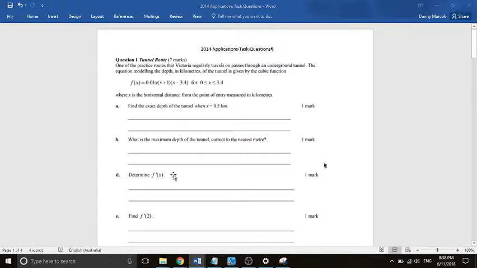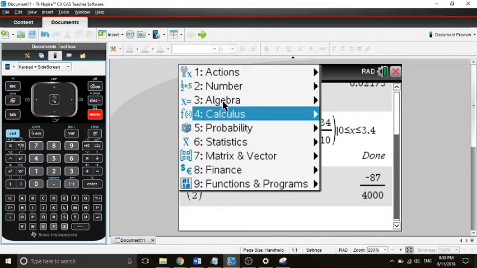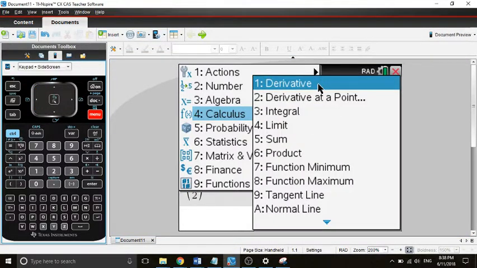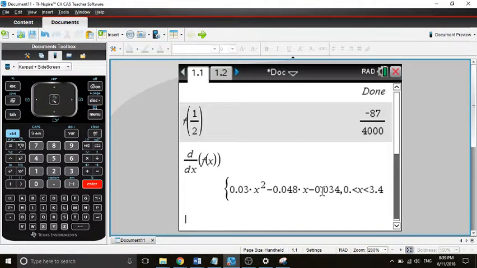Now we're going to determine f dash of x. So let's go back here. Let's find the derivative: menu, calculus, derivative of f of x. And then we have our derivative.